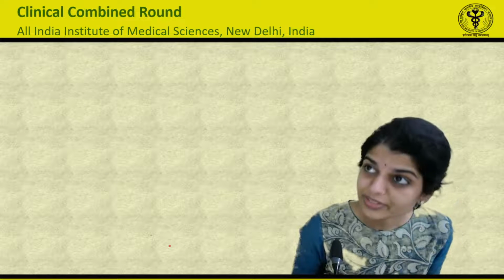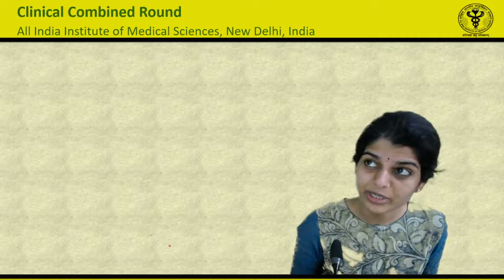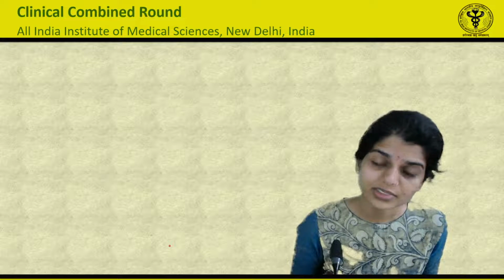Actually, on the oblique image, we were able to appreciate that at the P1, P2 junction, there is a filling defect.